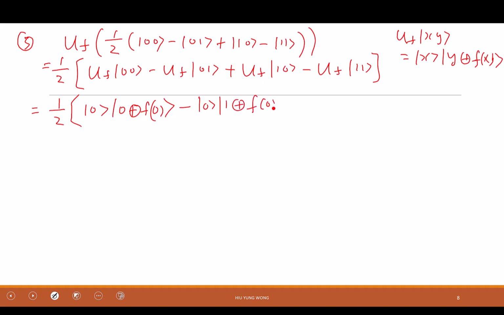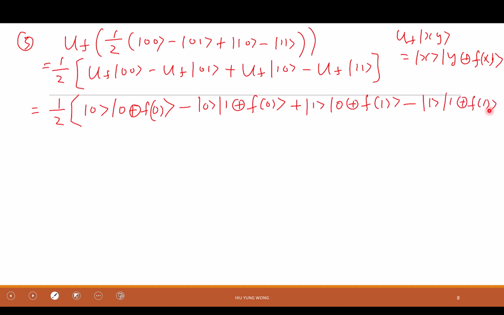I still do 1 exclusive-or f of 0. Make sense? And then what is this one? Think carefully. It should be y, right? 1, 0. 0 is y. Exclusive-or f of 1. And then 1, 1, exclusive-or f of 1.